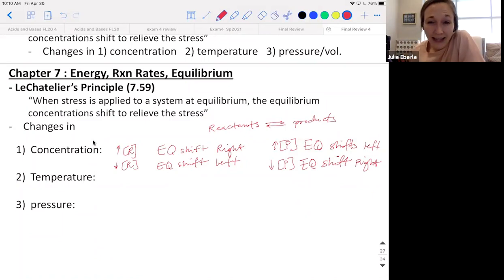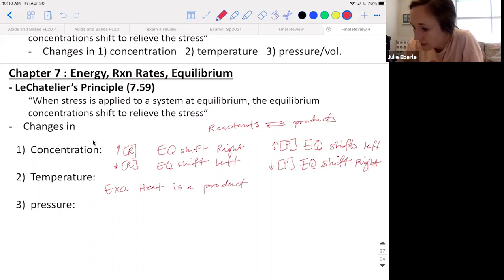Okay, temperature depends if it's an exothermic or endothermic reaction. So if we have exothermic, that means heat, or your energy term, is a product. Exo, by the way, is negative delta H, remember.